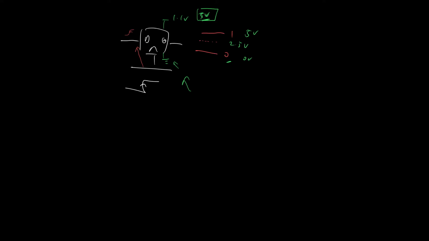Although it is only an analogy, and you won't yet understand why, we will cover it later in the course, being stuck at this halfway point is analogous to having a very steep mountain here with 0 volts down here, 5 volts here, 2.5 volts right in the middle, and the flip-flop being stuck at 2.5 volts is like a ball balanced right at the top of these very steep slopes.